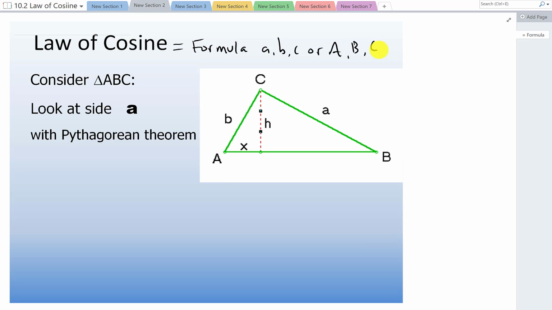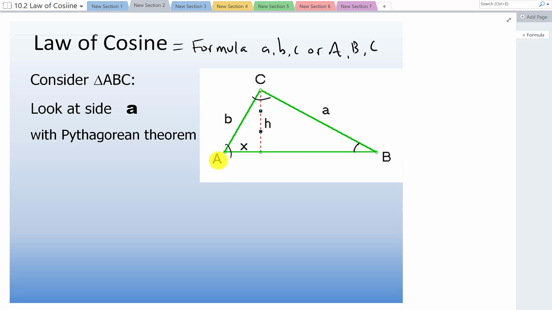Now we have a problem with that, because if A, B, and C, these angles, are not 90, then I don't have access to my regular trigonometry. So to create a formula where A, B, and C have no 90s, we've got to do some tricks here. And I'm going to do the same trick that I did last time.